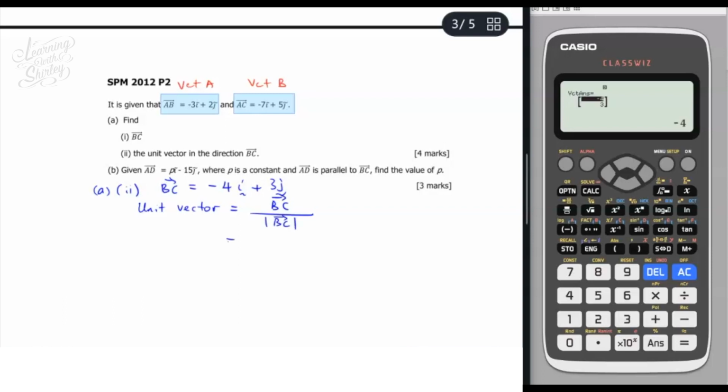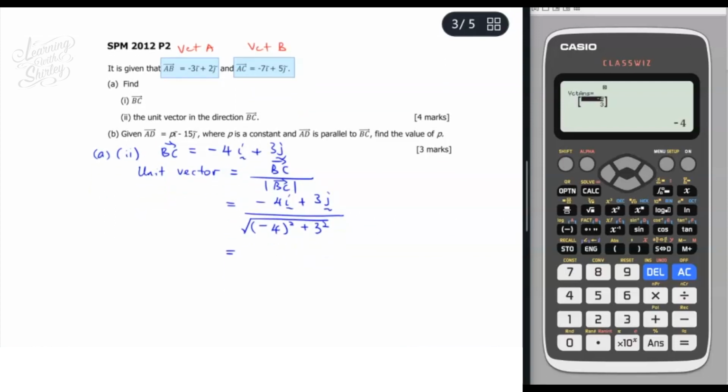Okay, so it's equals to negative 4I plus 3J, then over negative 4 whole thing squared plus 3 squared, and then you square root it. Okay, so this is the magnitude. Then this is negative 4I plus 3J.